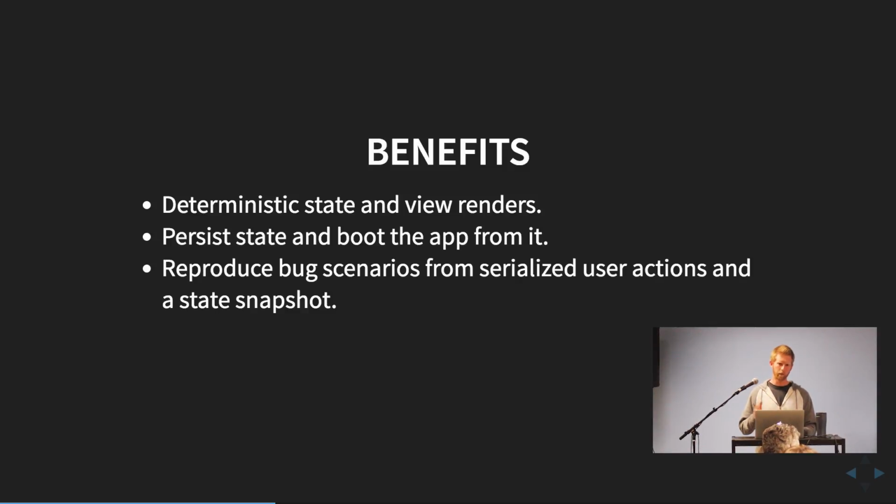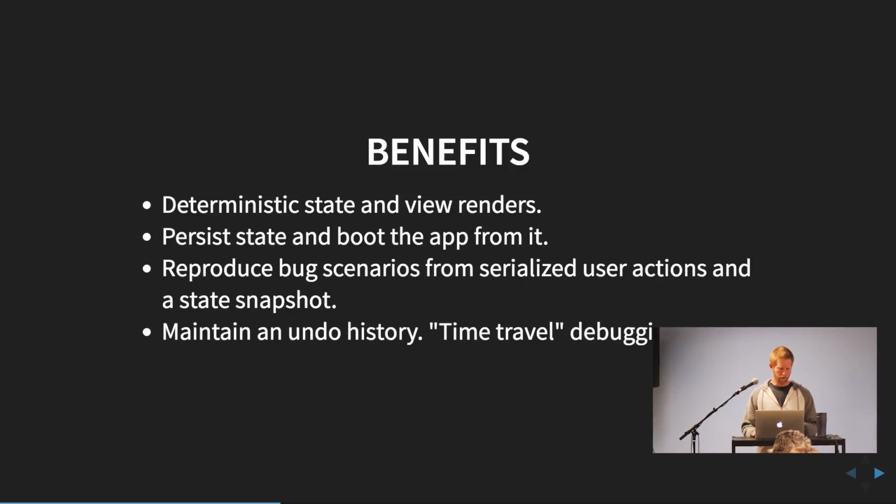We have a series of commits. We can go back in time and look at some previous change. We can take a change set and apply it and reproduce that state at any given point in time. So this also facilitates being able to maintain an undo history, what's been termed time travel debugging.